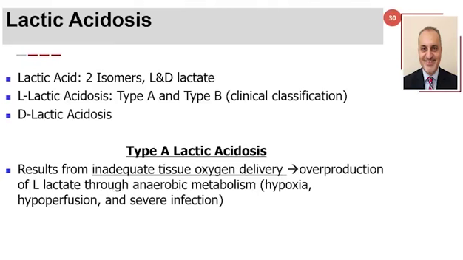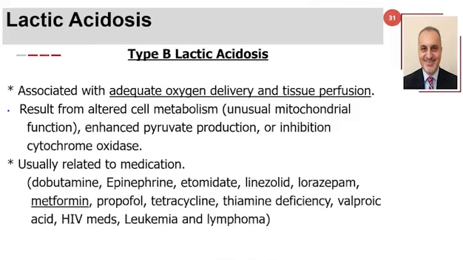We divide lactic acidosis, the L-lactate, into type A and type B, and this is a clinical classification. So type A lactic acidosis, any time that you see it primarily if you have inadequate tissue oxygenation, perfusion, or severe infection. This is the type that you see primarily in the intensive care unit, and you treat it by treating the underlying cause. Now, the type B lactic acidosis, we see it every now and then, and it's primarily related to medications.